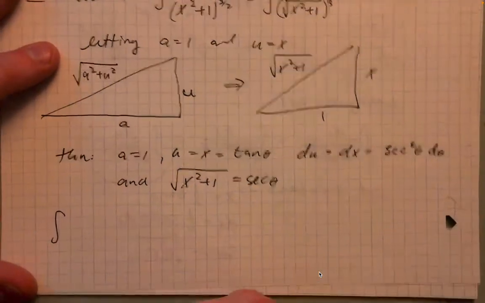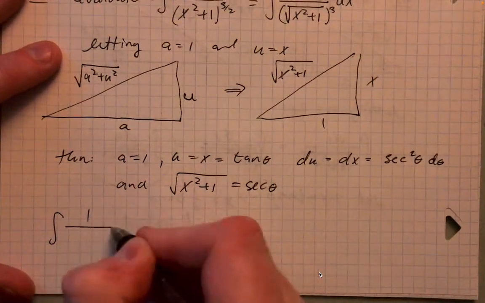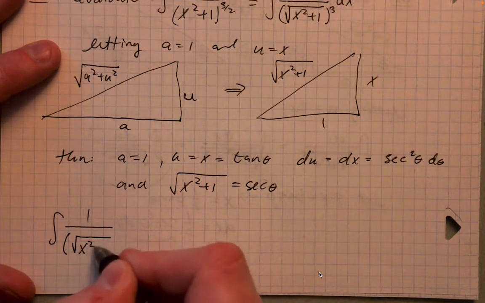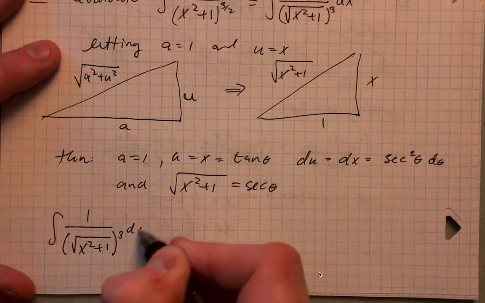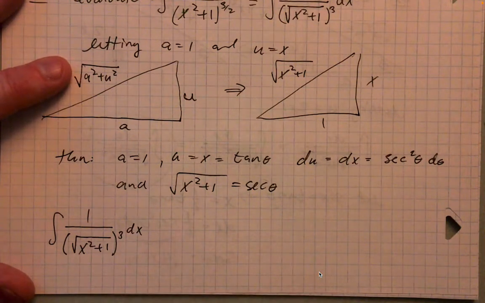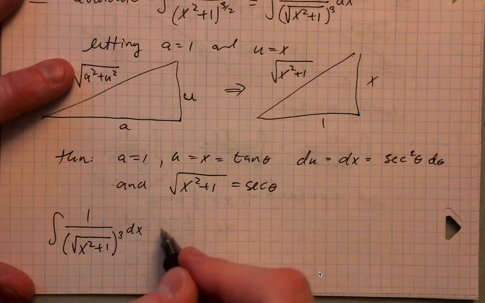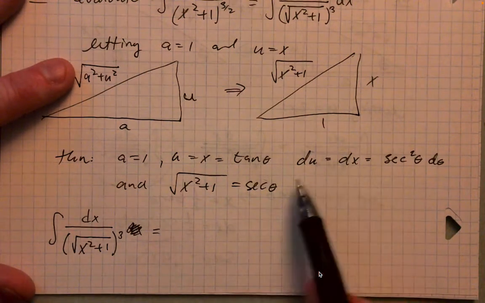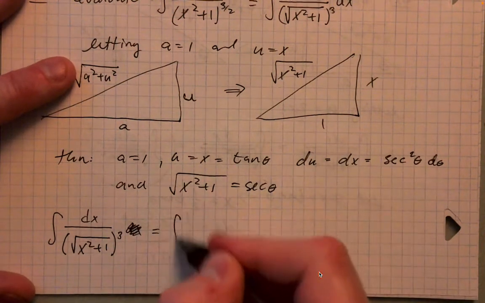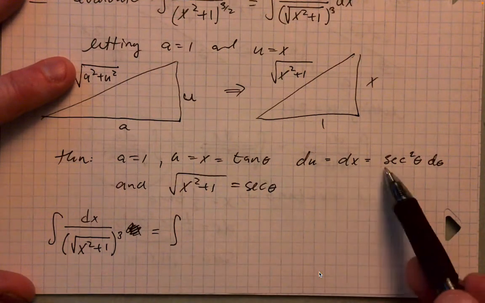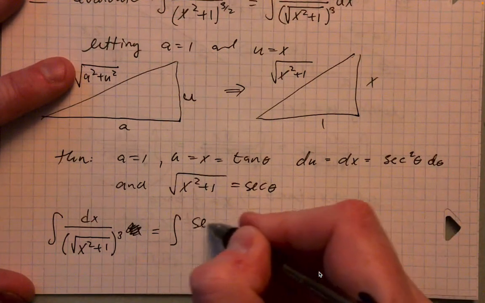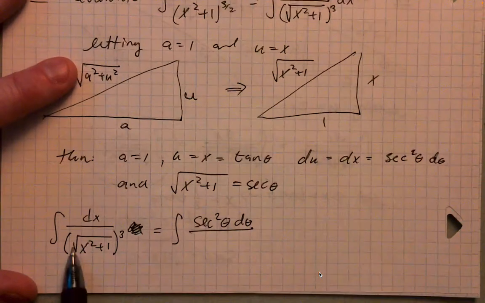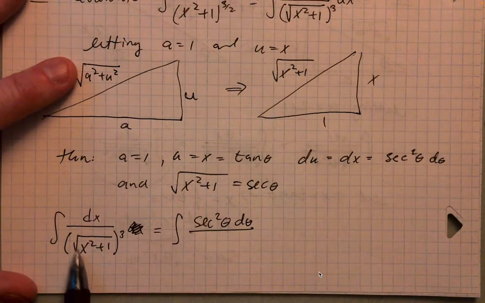So we've got the integral of 1 over the square root of x squared plus 1, cubed. Okay, and so we can make the substitution. So actually, I'm going to write dx up on top like that. I think it's a little better when you have a long dx like this. So dx is secant squared theta d theta. Okay, and then what do we see for the square root of x squared plus 1?